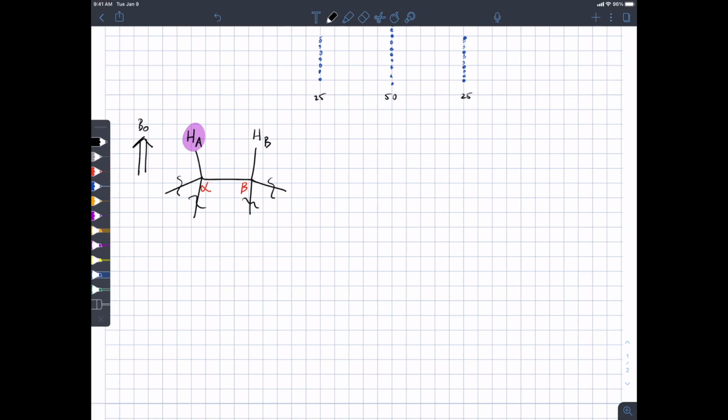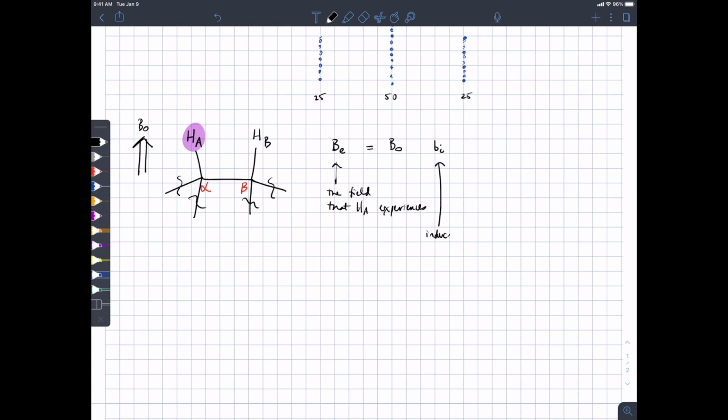Now, last time we said that the field that proton A experiences, I'll just define that, the field that proton A experiences is equal to the external magnetic field and then the influence of the induced magnetic field.